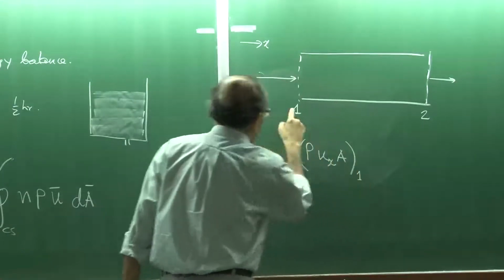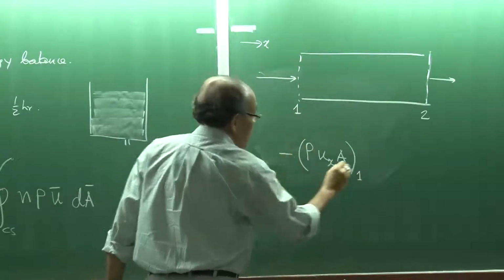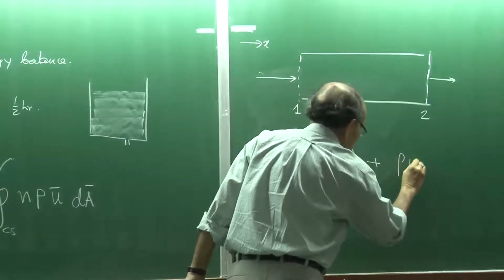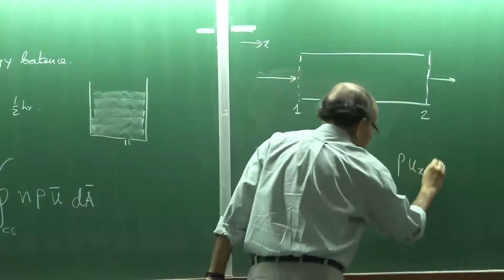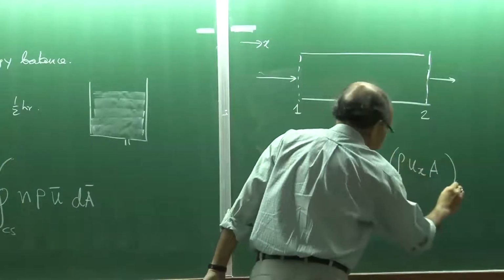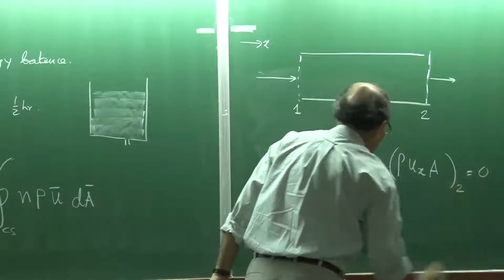This is with a negative sign, and then plus rho ux A evaluated at section 2, and that is going to be equal to 0.